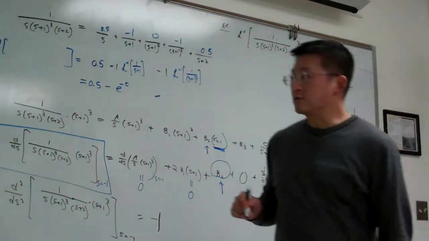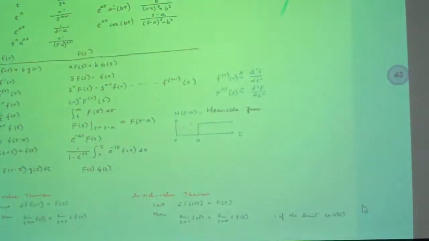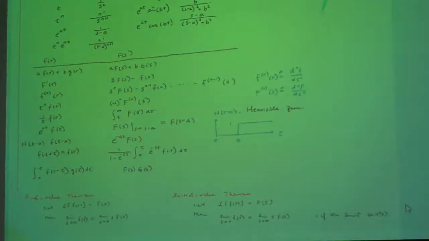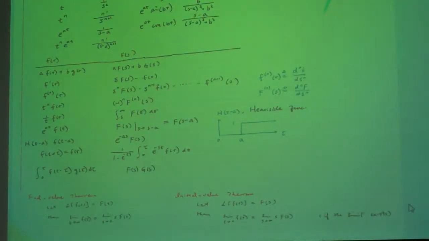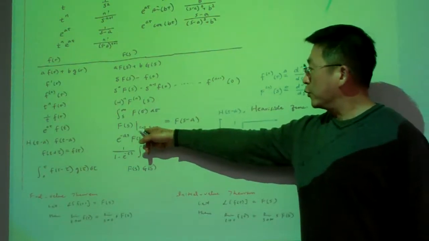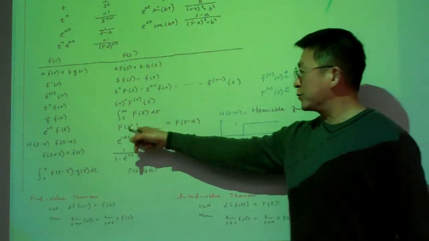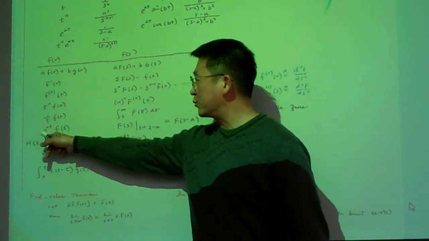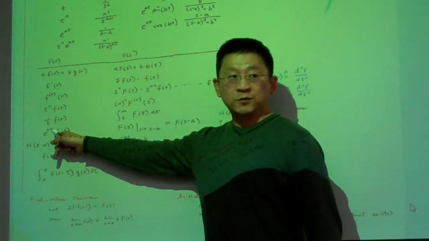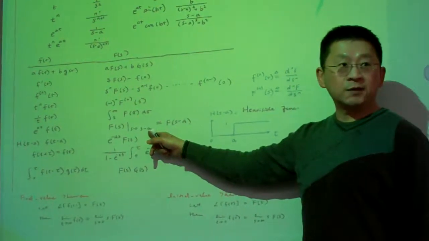When we have a shifting of the value of s in the s domain, that corresponds to multiplying by an exponential in the time domain. So basically, in generic form, I simply refer to this form here.